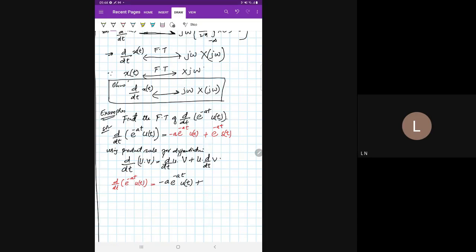We have already mentioned it. So this will be delta of t.